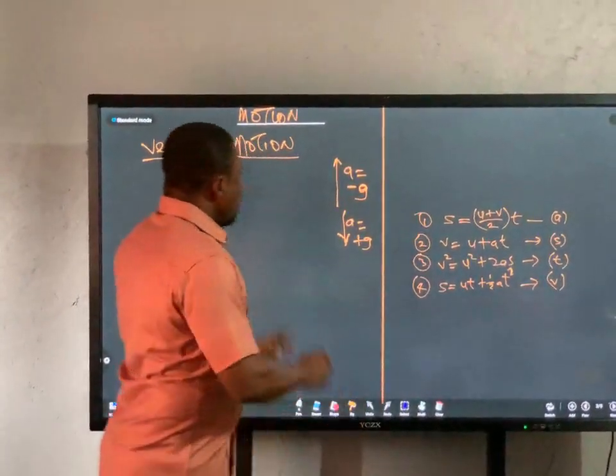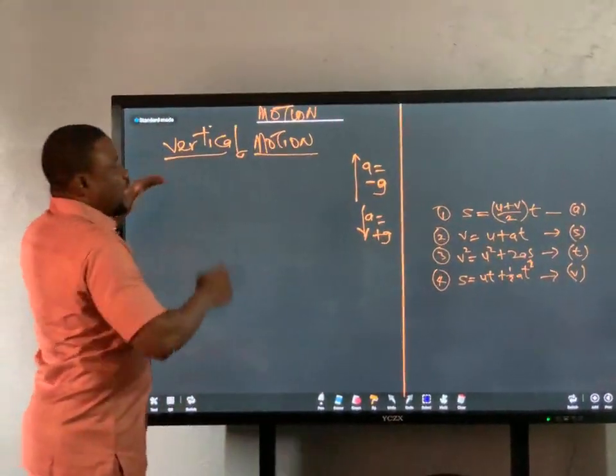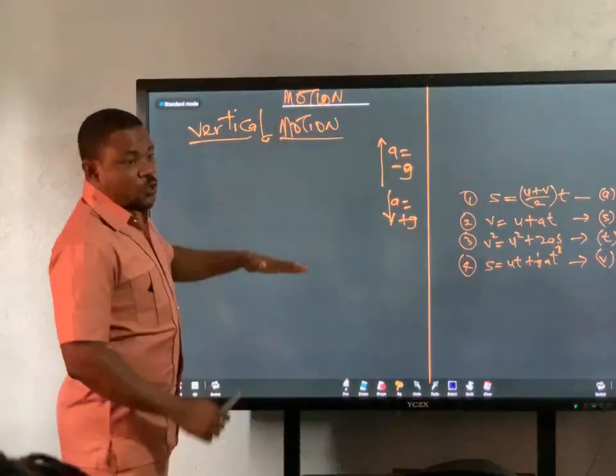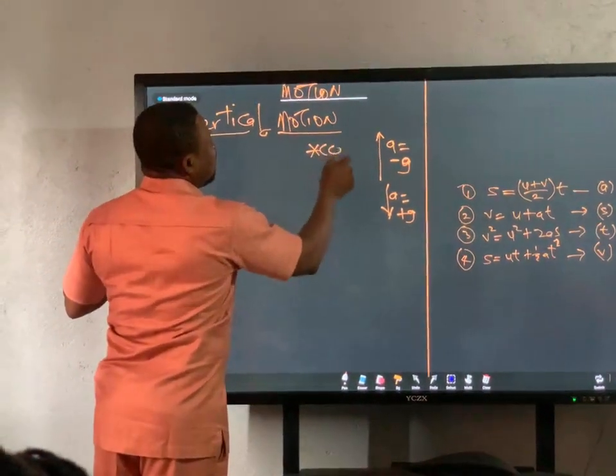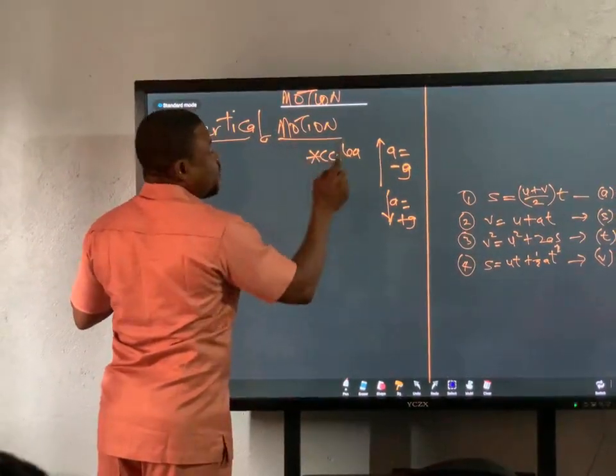Yeah, sure. Now, for vertical motion, the distance becomes height. Take note. Acceleration becomes G, that's acceleration due to gravity, right?